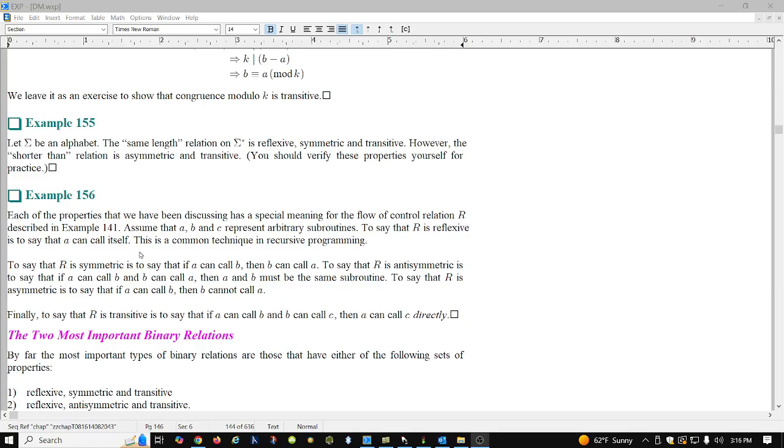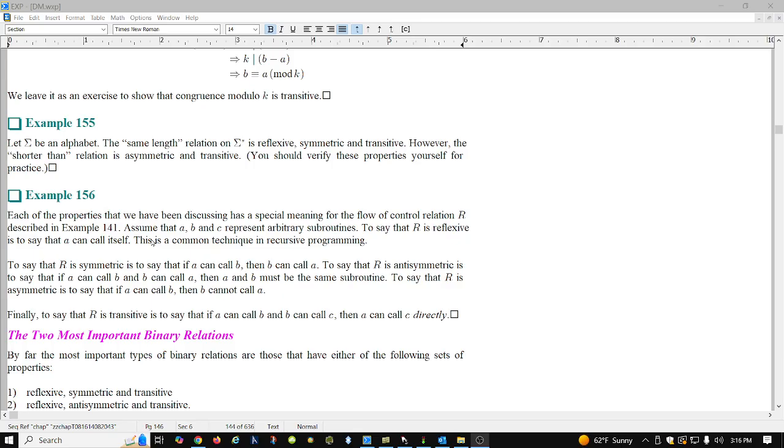To say that R is symmetric is to say that if A can call B, then B can call A. That's not too common, I think. I mean, it certainly can be true, but just because A can call B doesn't mean that B can call A. It depends on the type of code, type of programming language. To say that R is anti-symmetric is to say that if A can call B and B can call A, then they have to be the same subroutine.